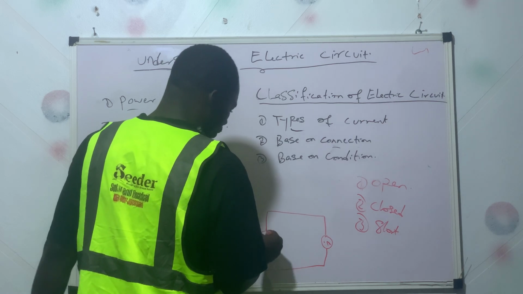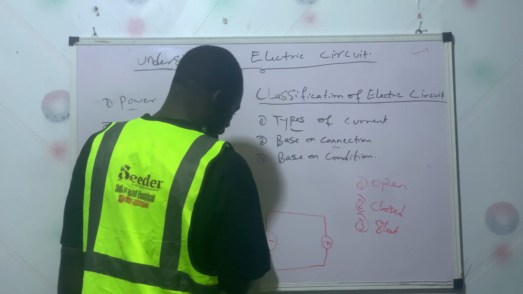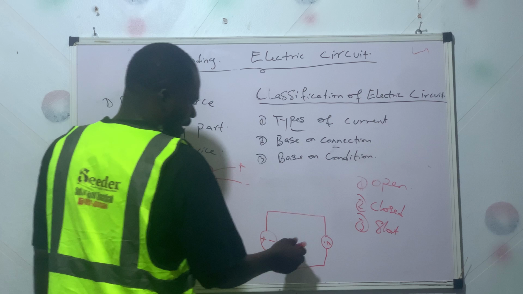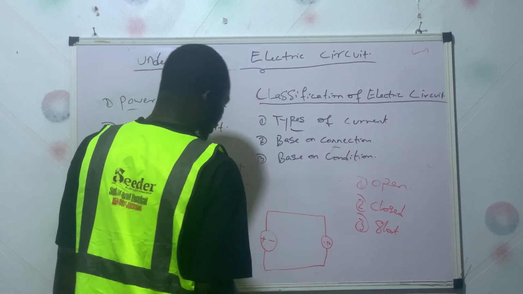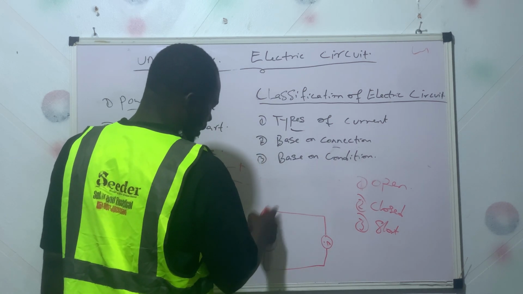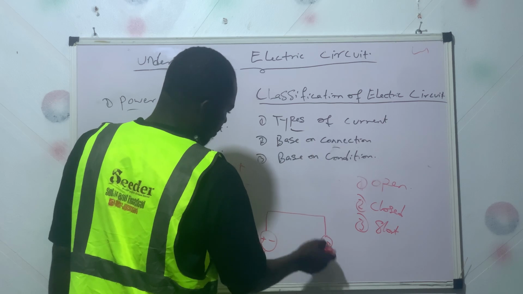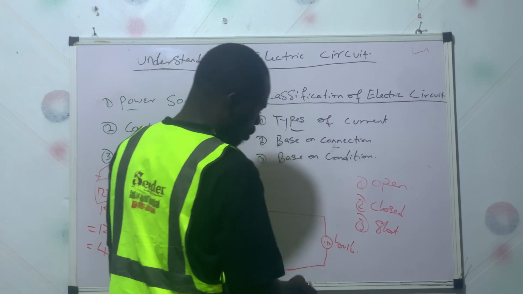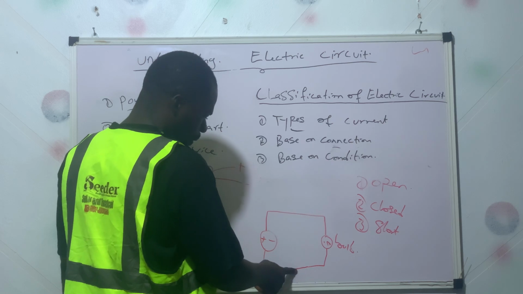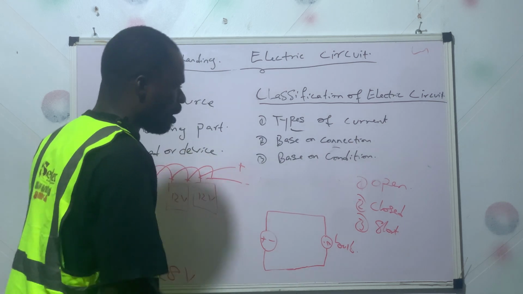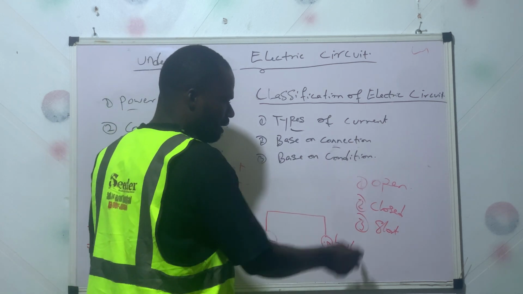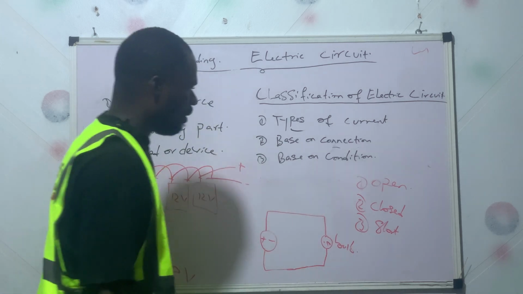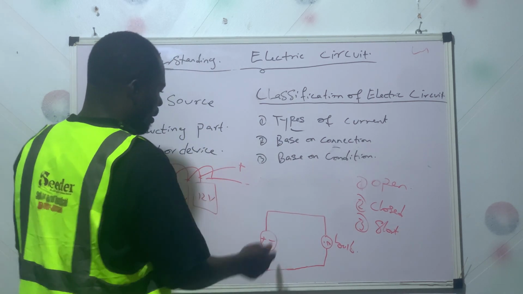This is a circuit setup, positive and negative. This is your power source, and here is your circuit setup. When you connect the positive and the negative together to the bulb, this bulb will glow. When you connect the positive and the negative to the bulb, this is a closed circuit, the only complete circuit in this type of condition.